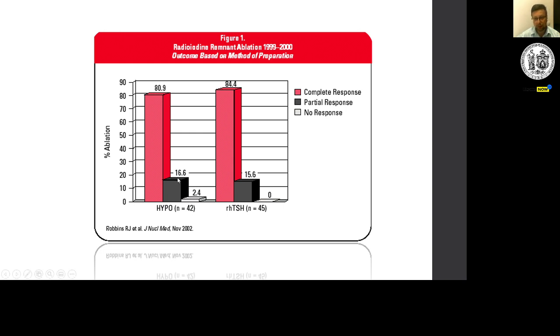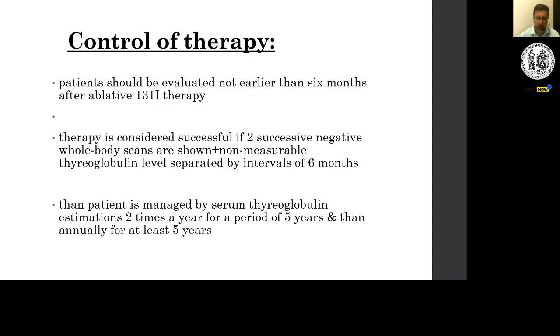Approximately 60% of the patients got a partial response, meaning not all of the cancerous cells were killed by the radioactive iodine, and only in 2 or even 0% of the patients was there no response. So the main part of the patients responded very well to such treatment with radioactive iodine. And how we may assess the response to the treatment, we will talk about right now.